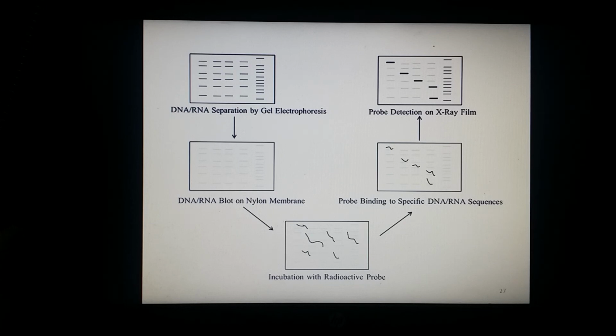Then incubation is done with the radioactive probes. In the third diagram, the middle one, the fragments are still not visible. Then the probe binds to the specific DNA or RNA sequences. And lastly, on the X-ray film, the probe detection is seen, and we can see how the bands have darkened. So this is how it works.